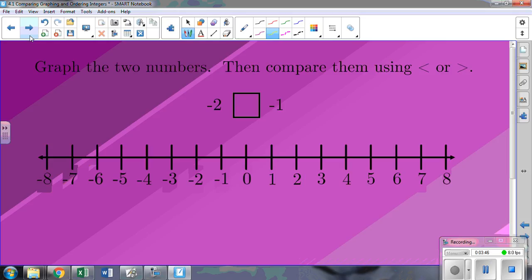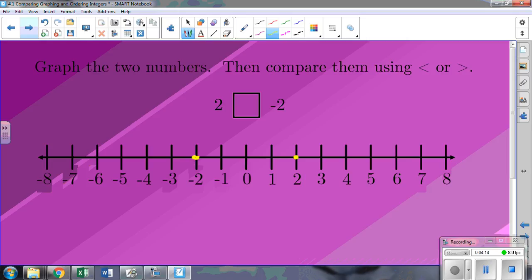What about here? Negative 2 and negative 1. Negative 2 is farther left, so negative 2 is less than negative 1. Positive 2 and negative 2.